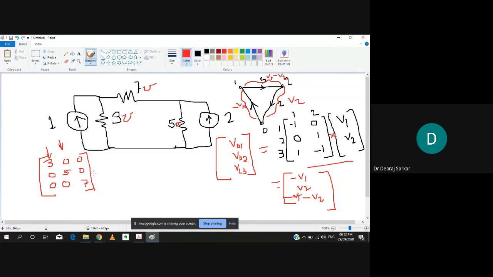If you multiply this with this, you will have minus 3 V1, 5 V2, and 7 into V1 minus V2.